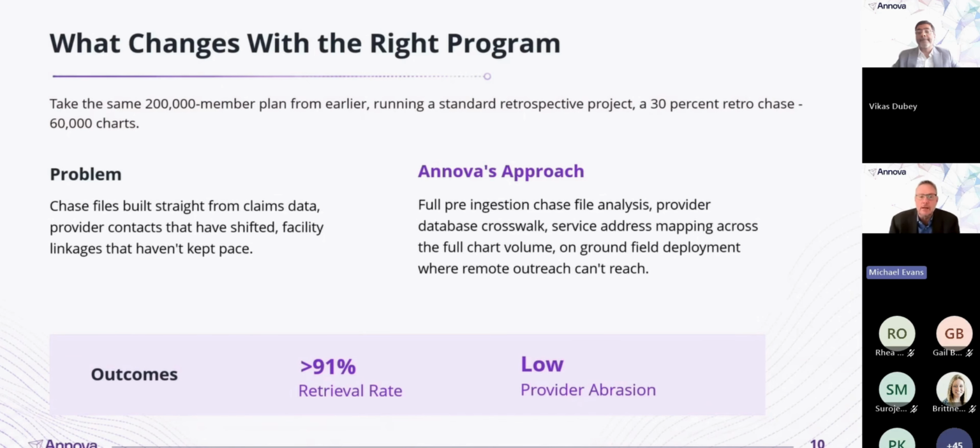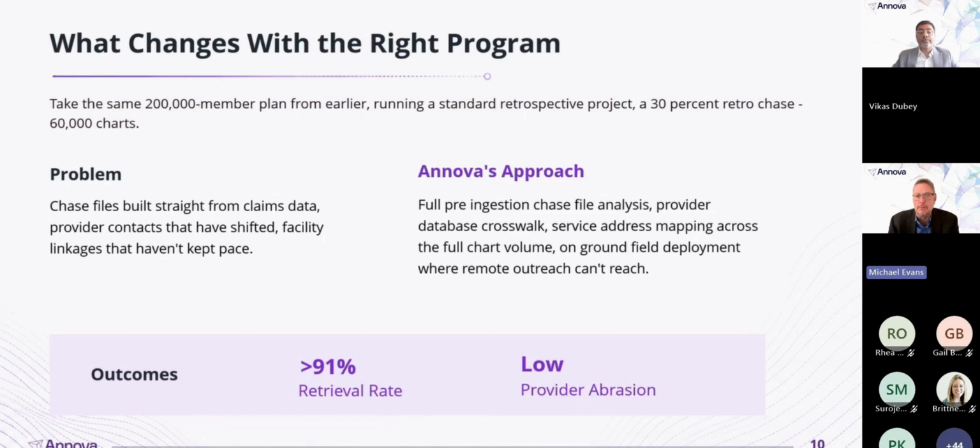Yeah, absolutely. There's a case study in the deck where the final outcome, on an ACA project recently, hit 91.7% and very, very low provider abrasion. I recall we only had 4 or 5 complaints. So that's a high number.